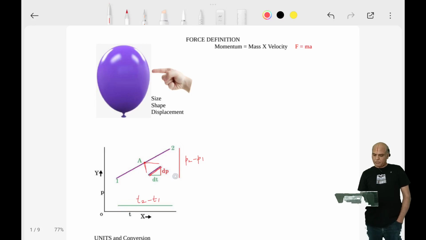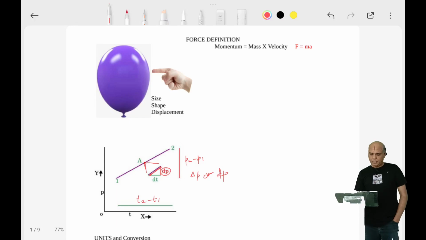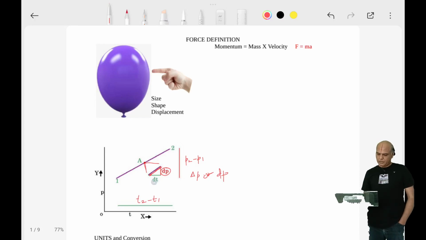The vertical component of this line, dp, is an infinitesimally small change in momentum, denoted by delta p or dp, which is an increase in momentum in this case. And dt, the horizontal component at A, is an infinitesimally small change in time.